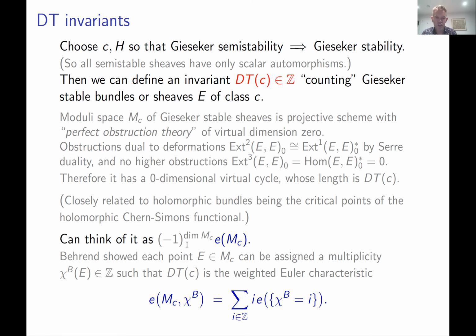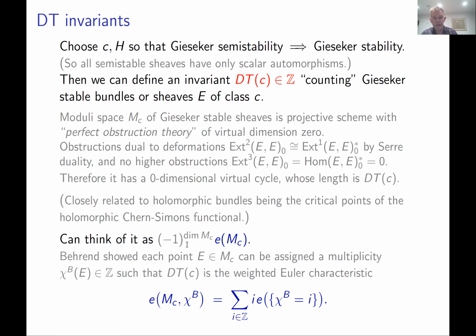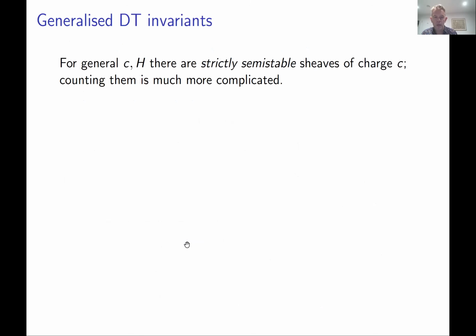So those are the original DT invariants of, God, nearly 25 years ago now. And then they were generalized. By the way, these are defined in any rank. This charge C can be in any rank. But we didn't allow strictly semi-stable sheaves. What Joyce and Song and Kontsevich-Soibelman did was work out how to generalize these invariants to get invariants when there are strictly semi-stable sheaves.